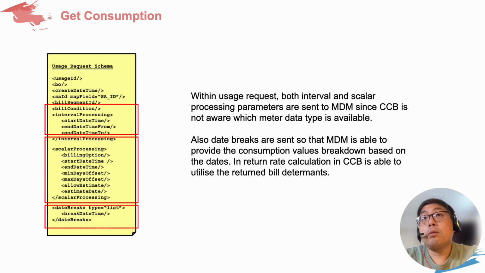Now the rate calculation might not be different for these two consumptions. They might just add them together, but on the technical side, what comes back is also date broken. So just be aware of these cases and of why we need a date break, and that's very often the reason for customizing this get consumption algorithm.